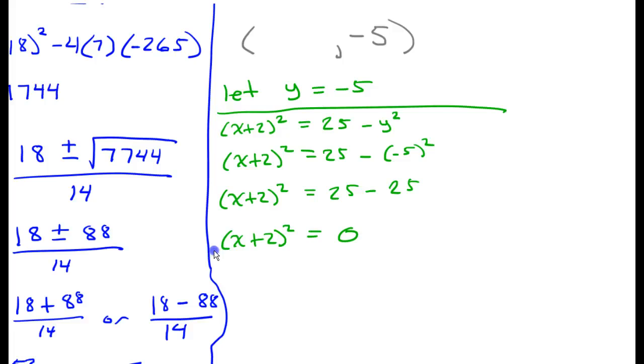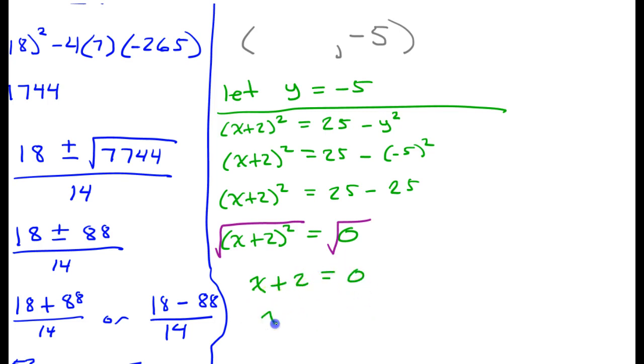The next thing I would do would be to take the square root of both sides. My computer's running really slow, so whenever I try to switch colors, it takes forever. Normally I would do a plus or minus right here, but since it's just 0, that would be silly. So I'm not going to do that. I might have to stop switching colors back and forth. It makes it more clear, but it takes so long that I don't think it's worth it. So x plus 2 is equal to 0.